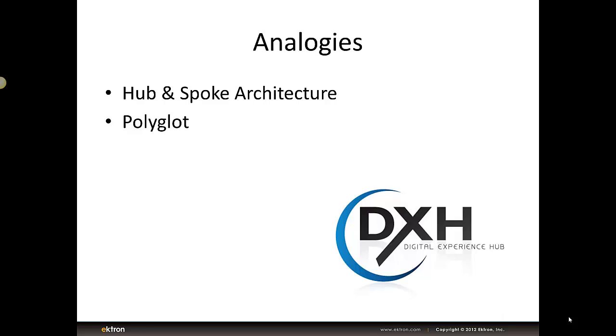They can provide on-the-spot translation between any two parties. And that's kind of how I look at the Digital Experience Hub. It's not really a system that stores and processes all of this data so much as a system that helps translate between other applications. So the way that you can describe this is that Ektron doesn't speak SharePoint and SharePoint doesn't speak Ektron, but the Digital Experience Hub still allows them to communicate effectively and share data.